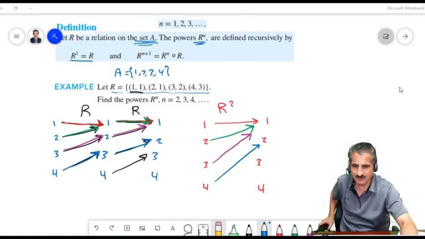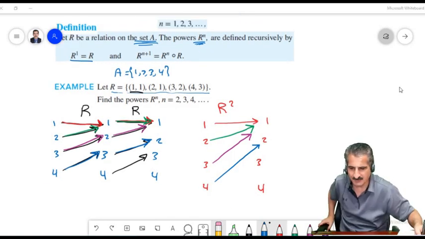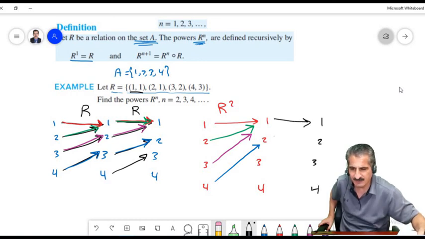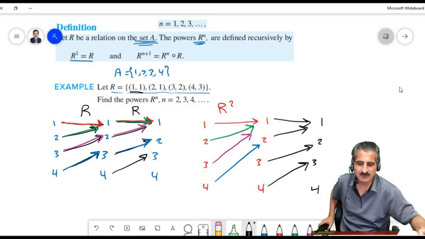To compute R to power 3, we have to compose R square and R. So let me here write R. R takes 1 to 1, 2 to 1, 3 to 2, and 4 to 3. So let's compose these two things.